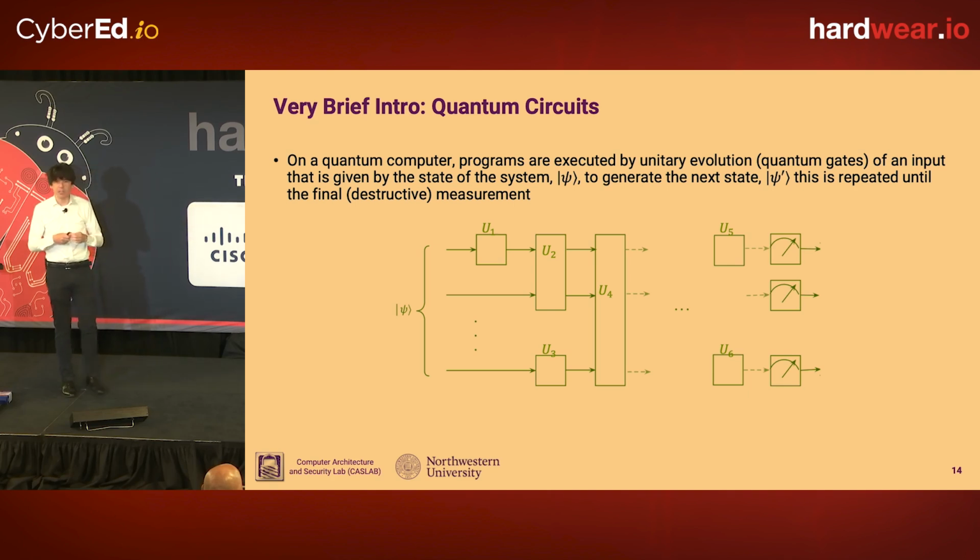When you measure, you get the classical ones and zeros, which are the result of the computation. That's how pretty much all quantum circuits execute, regardless of whether it's superconducting or trapped ion. How you implement the gates is very specific to the type of quantum computer, but that's the main structure.